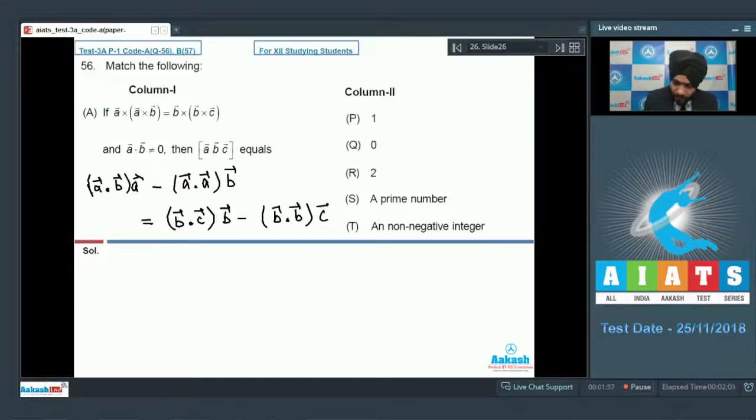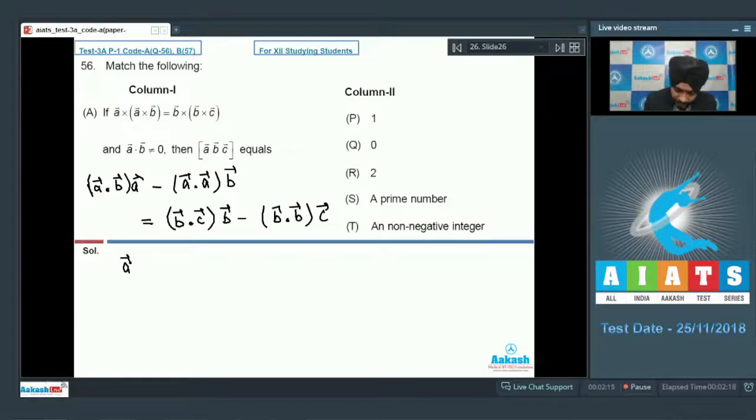Okay, very simple expansion. Now I need scalar triple product of ABC. I can see that out of these 4 terms, 3 terms are containing B vector and C vector and their coefficients. Okay, 3 terms are containing some coefficients of B vector and C vector.